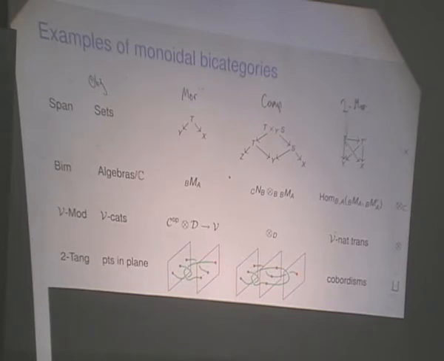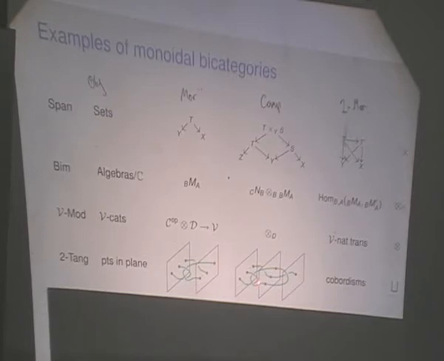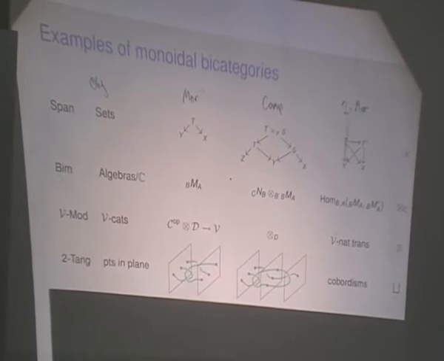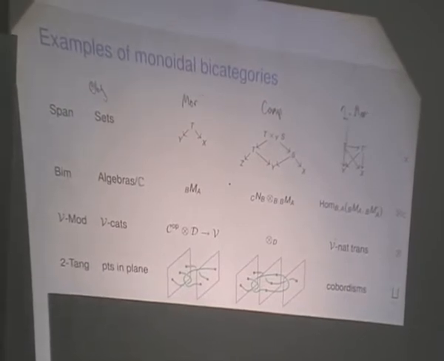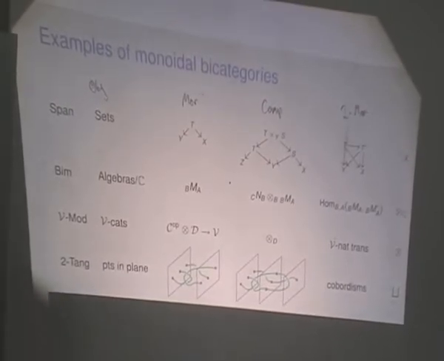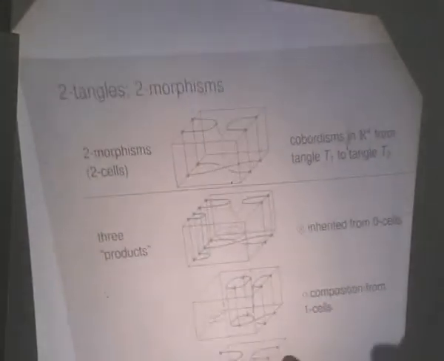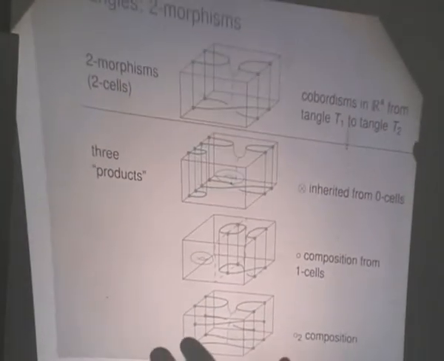And then the two morphisms, so we need morphisms between these morphisms, and these are going to be cobordisms between these tangles. So these are tangles sitting in three-dimensional space, so we're going to have to take cobordisms in four-dimensional space, so they're going to be surfaces whose boundaries are tangles. So obviously I can't draw very well in 4 dimensions, but let me make an attempt here. So just try and have a look at some examples here.